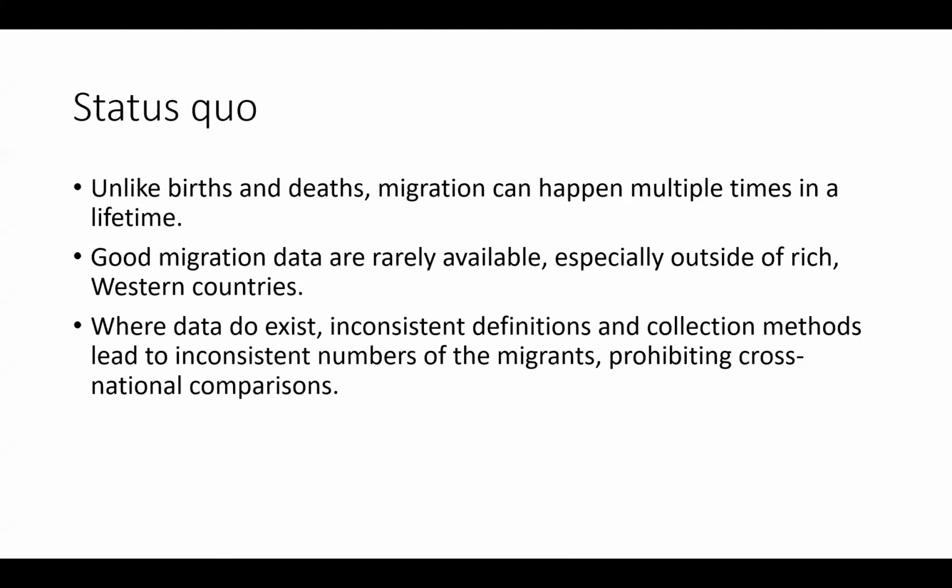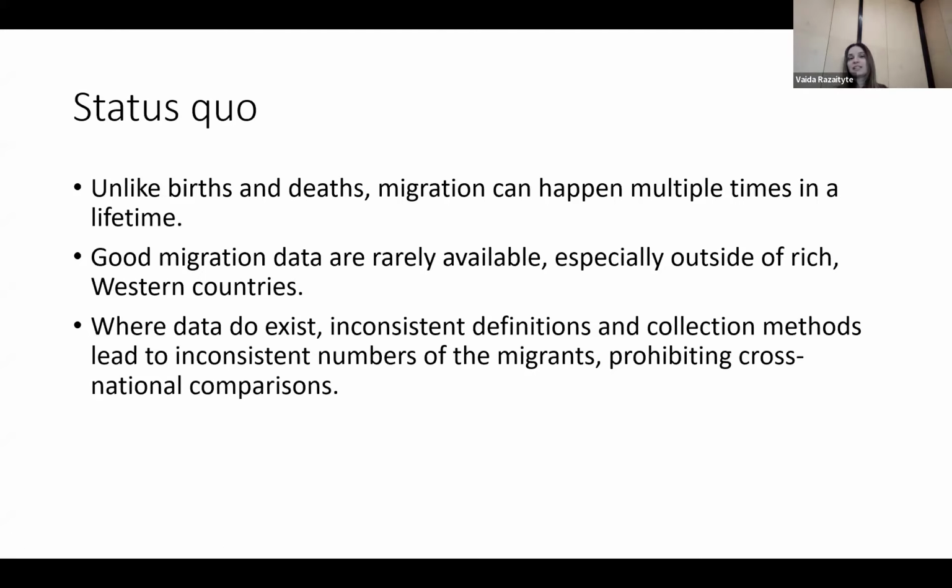We know that unlike births and deaths, migration happens multiple times in a lifetime, and it's difficult to measure when someone leaves a country than when someone enters a country on the destination side. Good migration data are available, especially in Europe, but they are especially located in rich and Western countries.